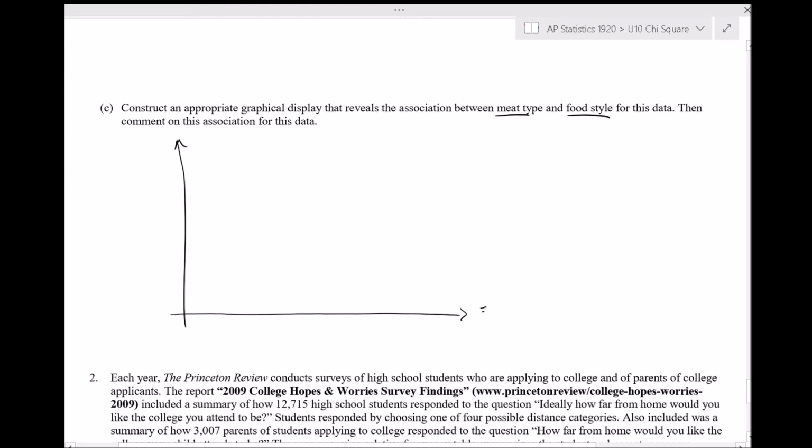So this will be food style on the x-axis. We're going to have frequency up at the top, and that's not frequency. That would be relative frequency. These are going to be done out of percentages.